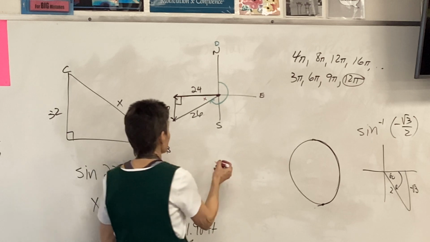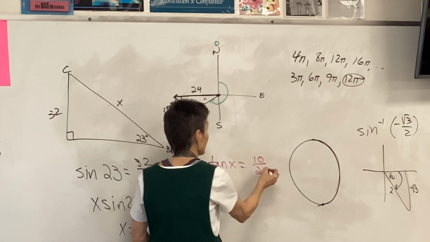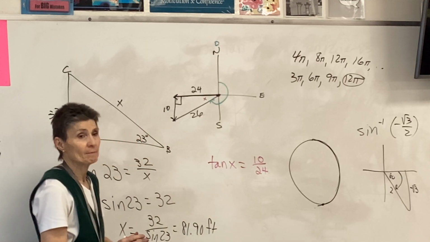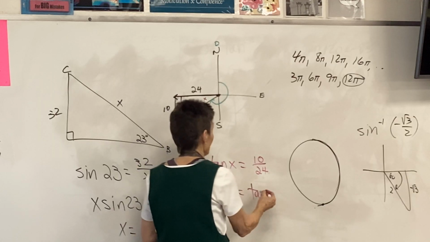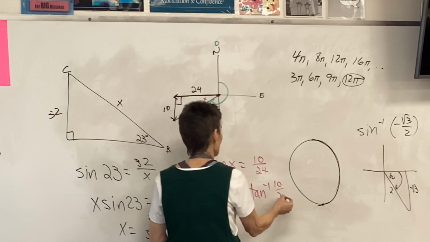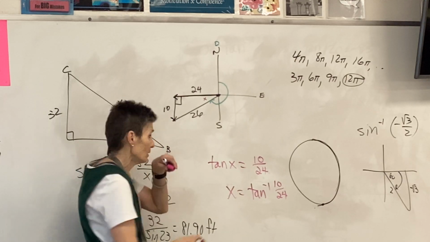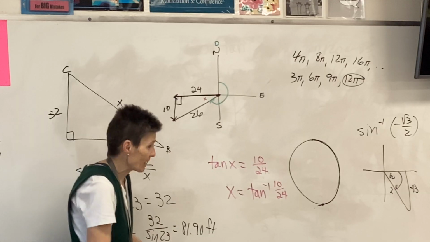So maybe I would say tangent x equals 10 over 24. How do I type that into my calculator? Inverse tangent, the tan to the negative 1. If you're looking for an angle, you're going to use those buttons. So what is that angle?